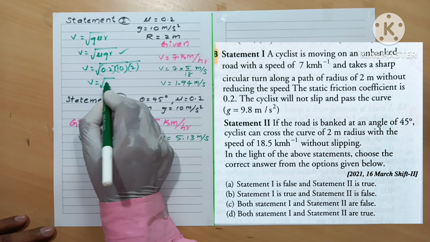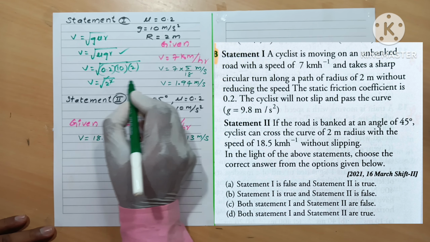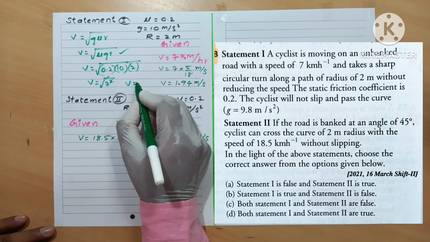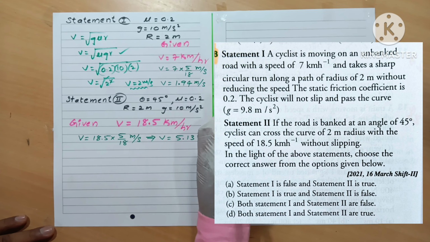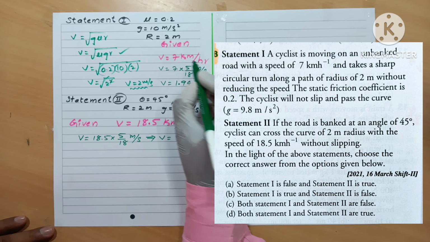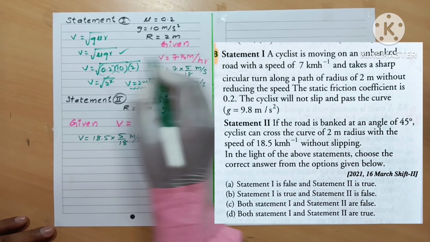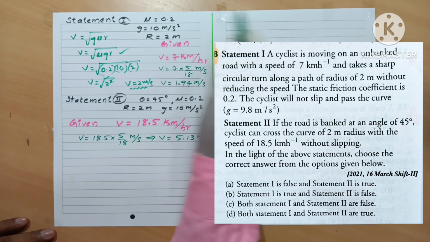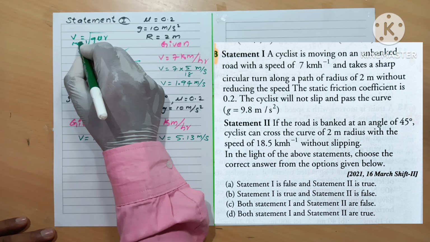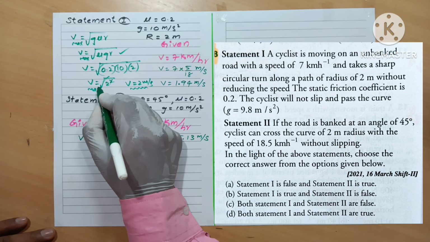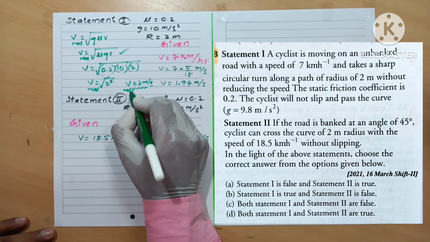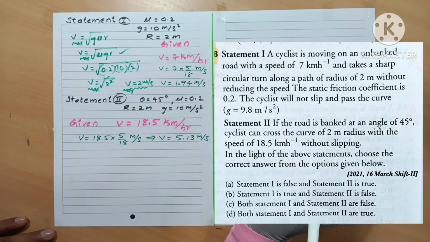That value is root of 4, the square root gets cancelled. Finally I am getting V equal to 2 meters per second. Here the speed is given according to the question; I can write this as the maximum speed, student. So I got the maximum speed equal to 2 meters per second.